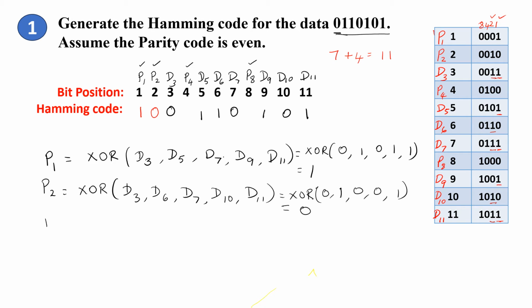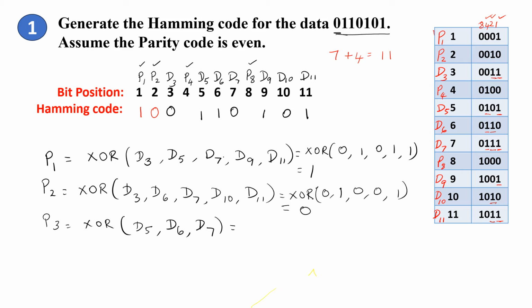Next, P4 is equal to XOR of. We have to now choose the third position, and check among the data bits where in the third position 1 is present. It is in D5, D6 and D7.